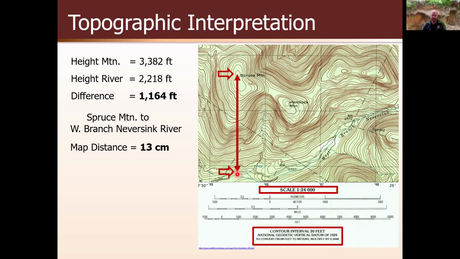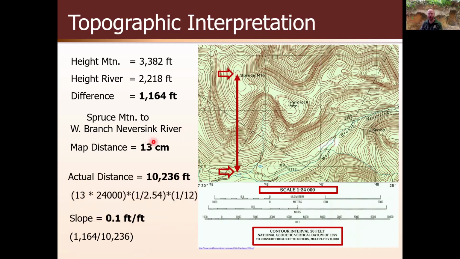So if you measured the distance between here and here physically on the map with a ruler, that distance was measured as 13 centimeters. And so if that distance was 13 centimeters, you then would say 13 multiplied by the representative fraction of 24,000. And then we could further convert that from centimeters into inches, and then finally into feet by dividing by 12.